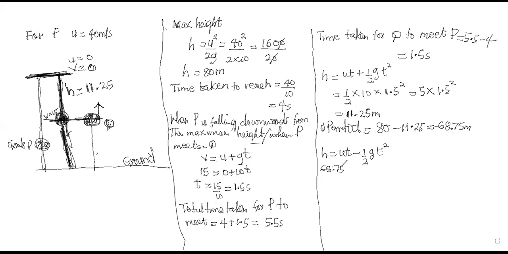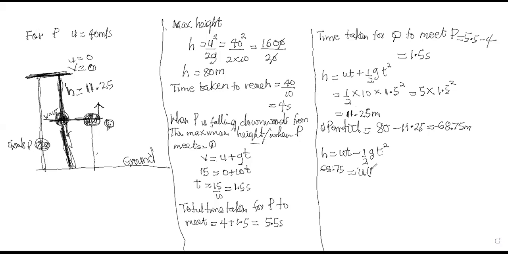68.75 is equal to u, which is not known. That's what we are looking for. But what is the time taken for Q to meet P? By the time they meet, what is the time traveled by Q? Yes, 1.5 seconds.